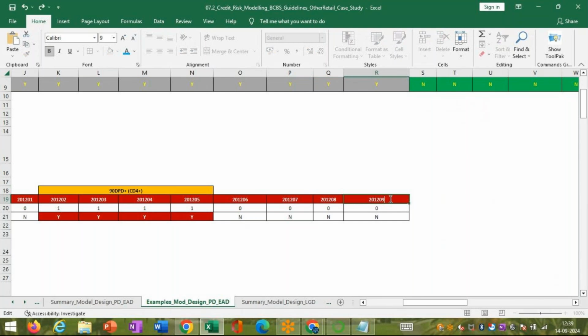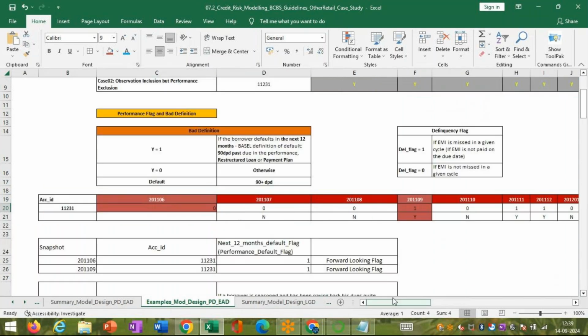But because it defaulted between these 4 months, as long as these 4 months are coming in the performance period, this customer will keep on being flagged as a defaulter.